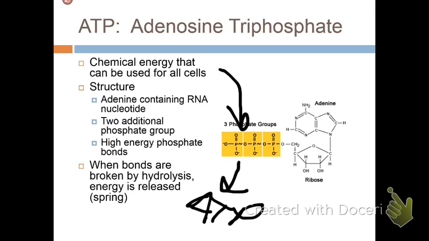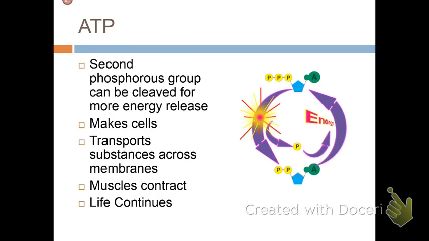And of course, just like all your other macromolecules, this bond is broken by hydrolysis. Add water and break things. If necessary, another phosphate group can be broken off to give more energy.